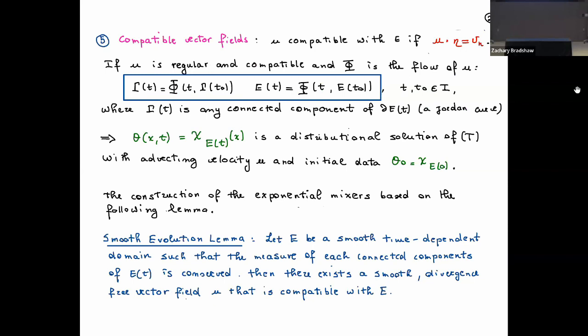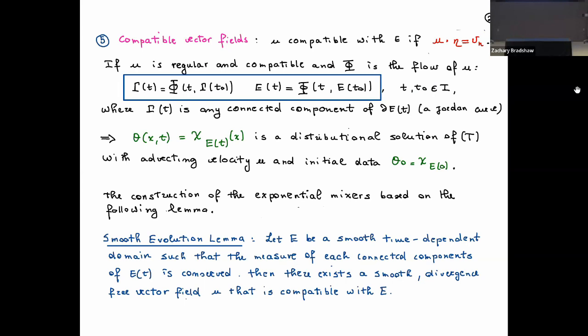Now, what is maybe slightly less classical is this idea of compatible vector fields. So we're going to say that a vector field U is compatible with a time-dependent domain E if the normal velocity of E, as I introduced it in the previous slides, is exactly given by the normal component of the vector field.